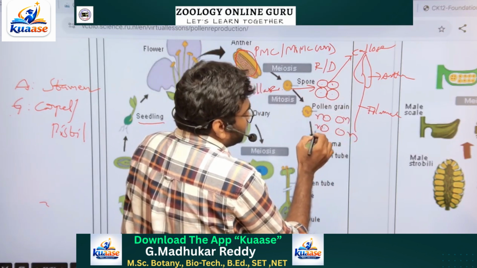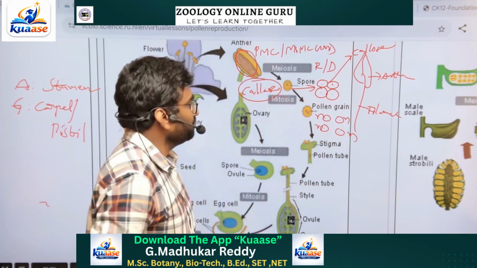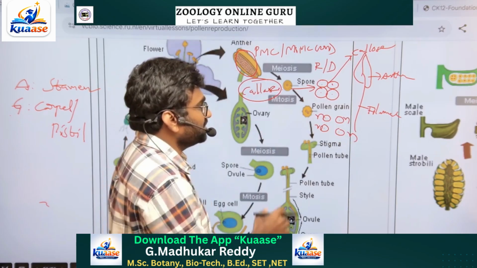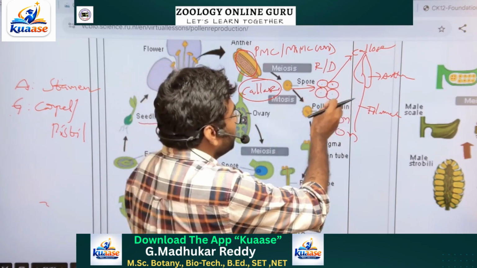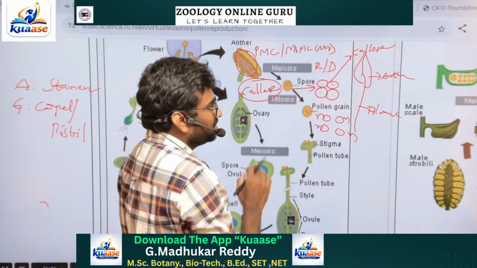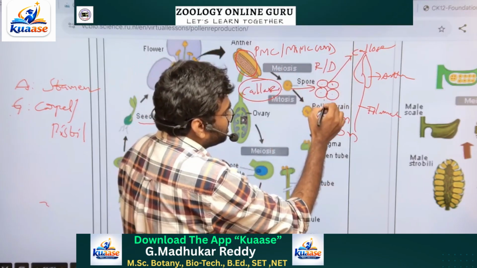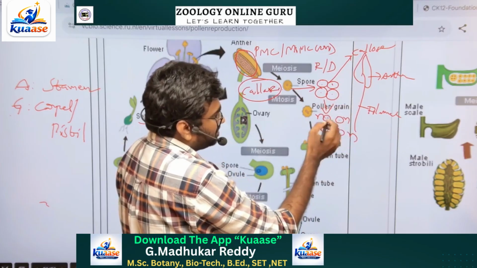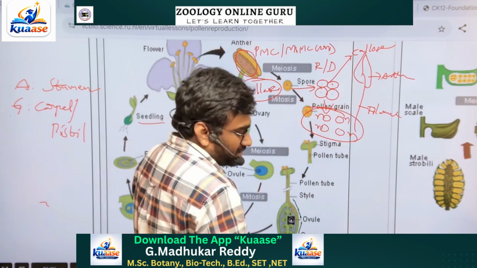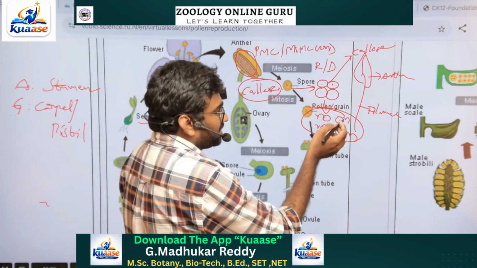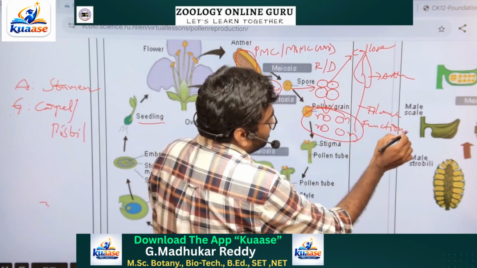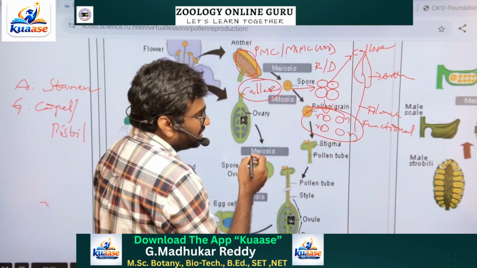This dissociation is due to the enzyme as well as dehydration. The enzyme is involved in dissociating the microspores by breaking the callose, so that the tetrads now become free microspores, or pollen grains. All the microspores are functional, all are potential.